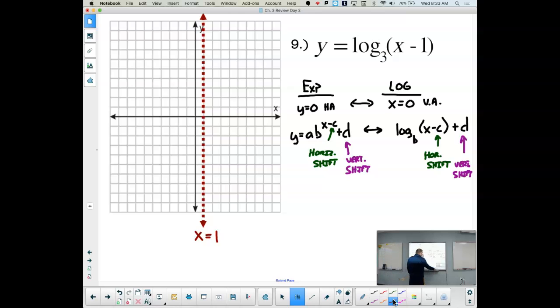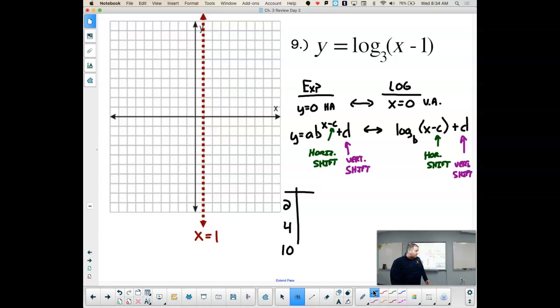Then if I go through and I try some points, now because my base is 3, I want to try x values where x minus 1 becomes a multiple of 3. So the first one that I'm going to try is 2, then 4, and then 10. Now I chose 2 because 2 minus 1 is 1.